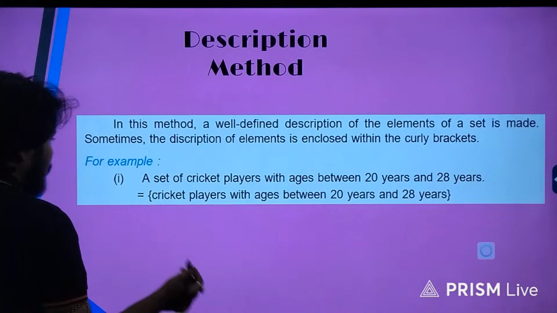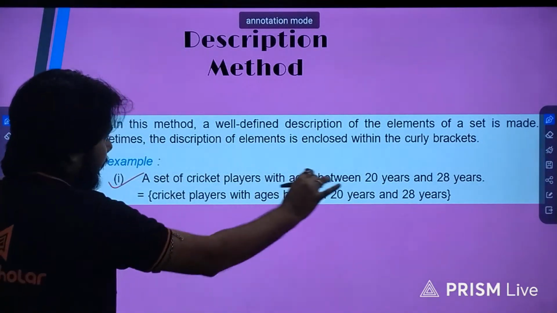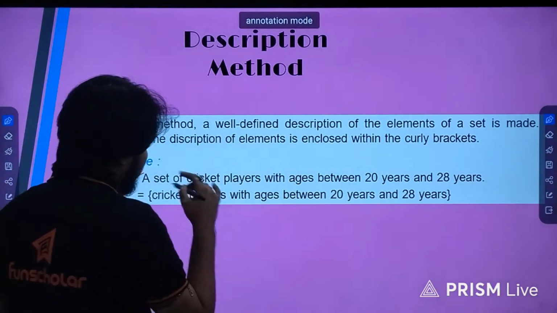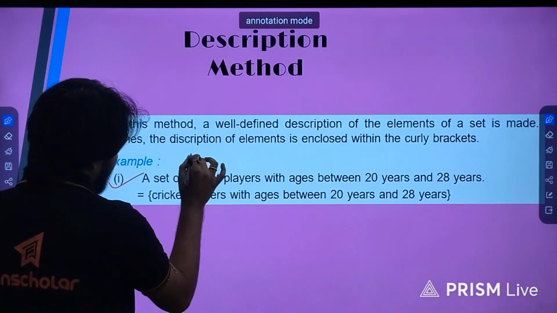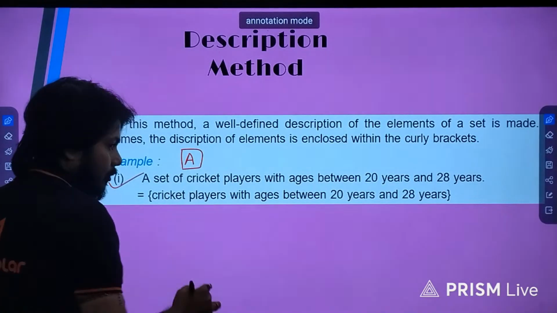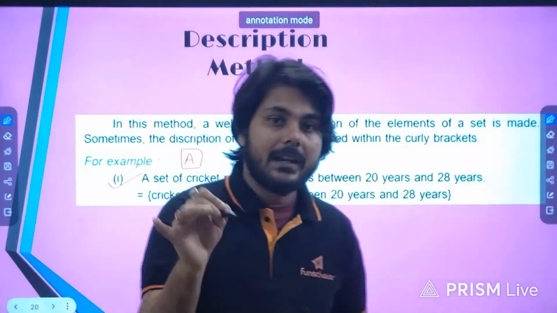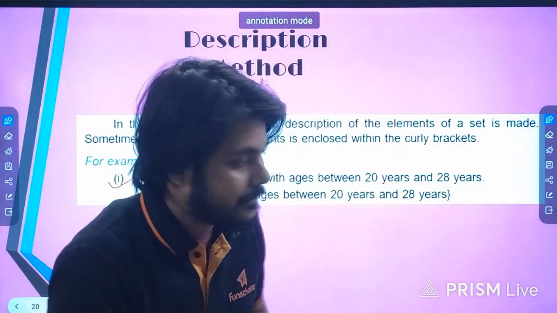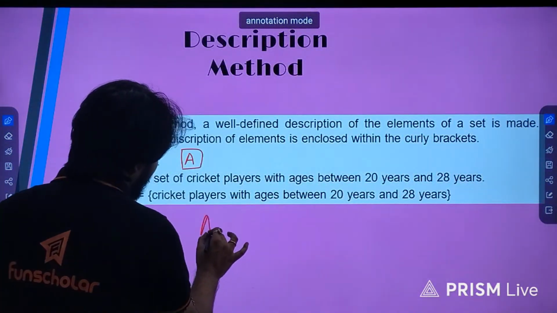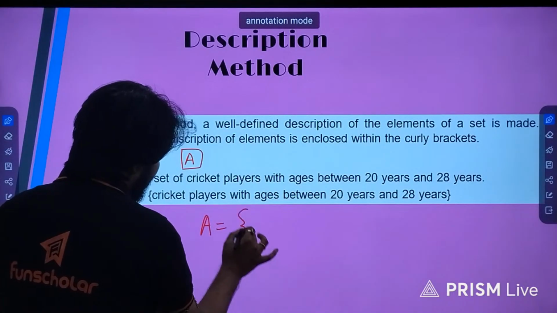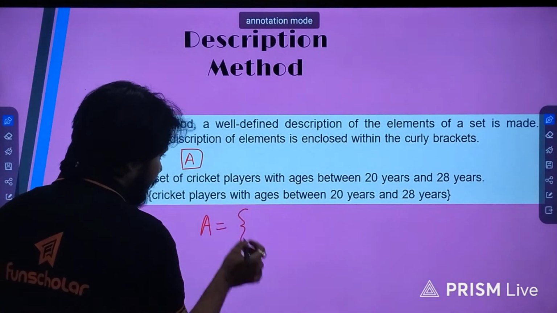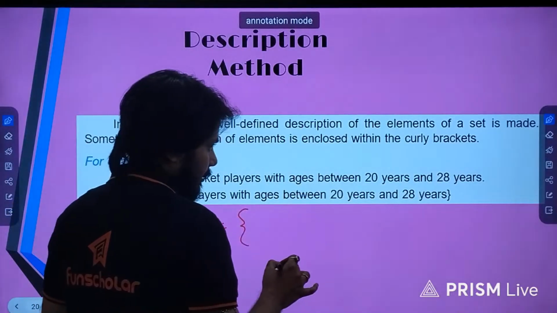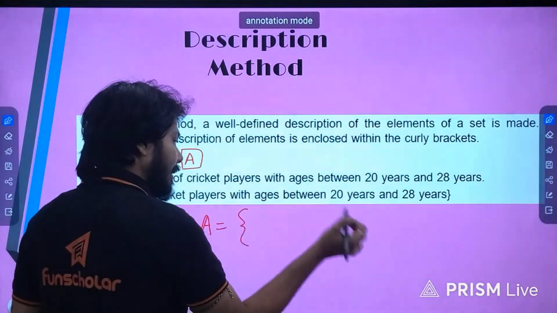If I tell you to represent this set as A, can you represent this set using the roster method? Let's see. A equal to, we will simply put the curly brackets, between 20 and 28, between 20 and 28 years.